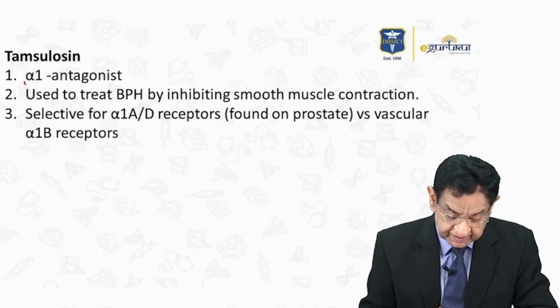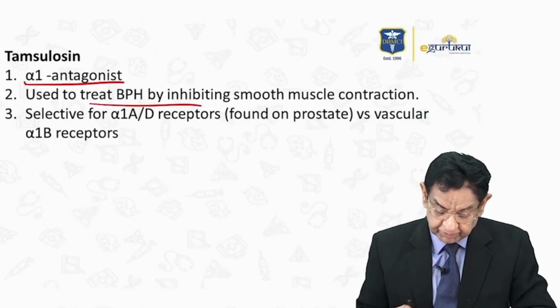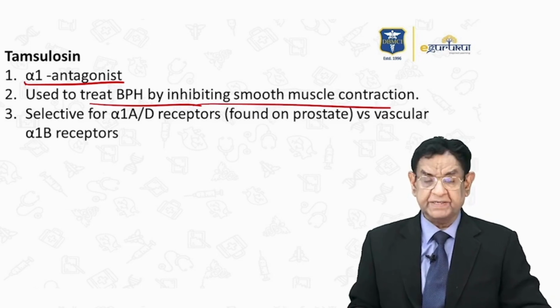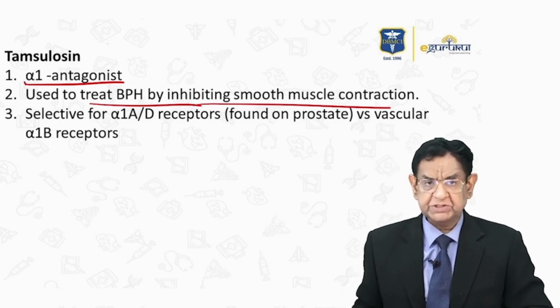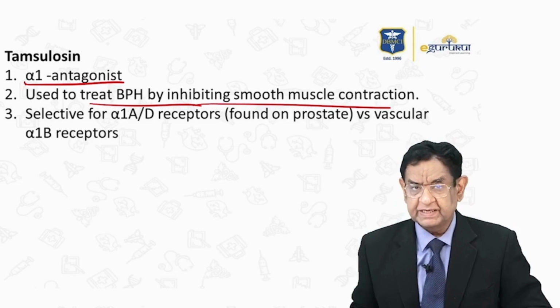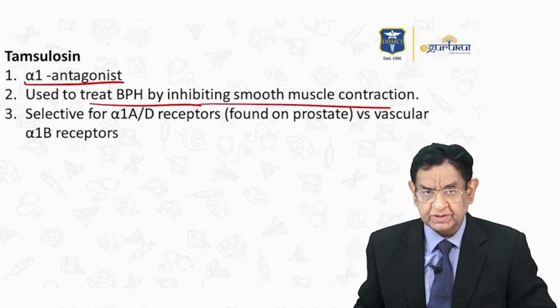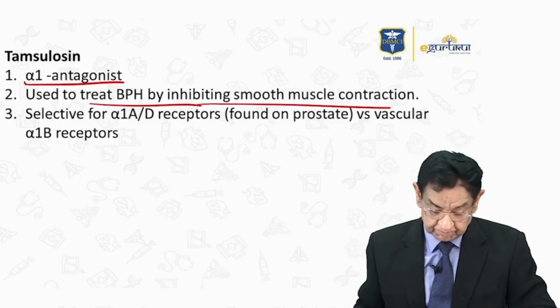Tamsulosin is an alpha-1 antagonist used in benign prostatic hypertrophy. It inhibits smooth muscle contraction. In other words, it relaxes smooth muscle in the prostate, and that allows the urine to go out by relaxing the smooth muscle.